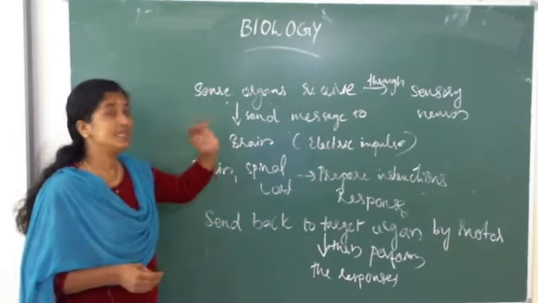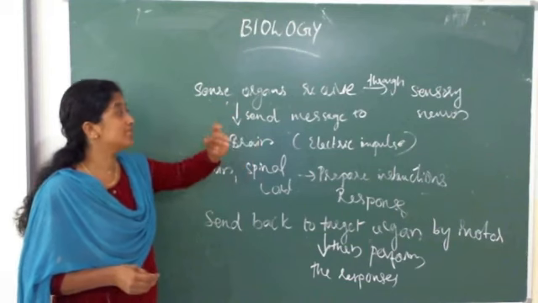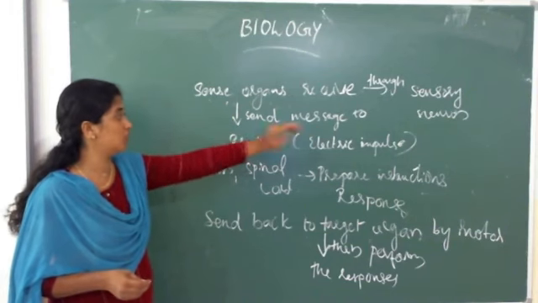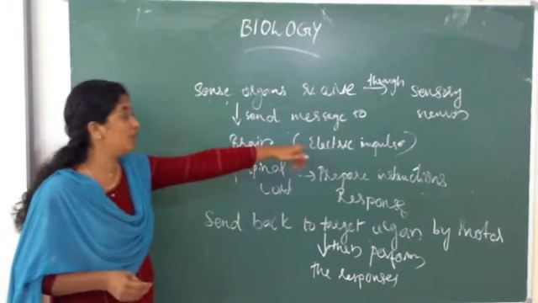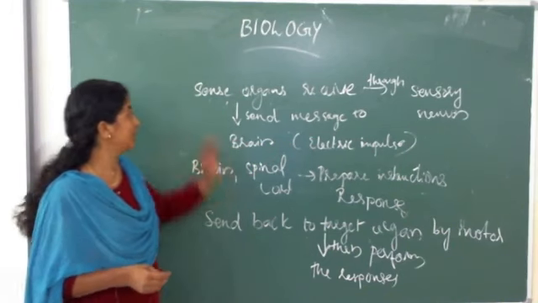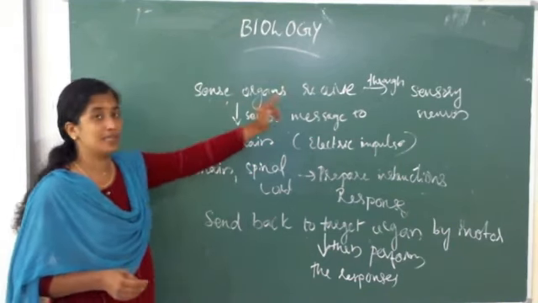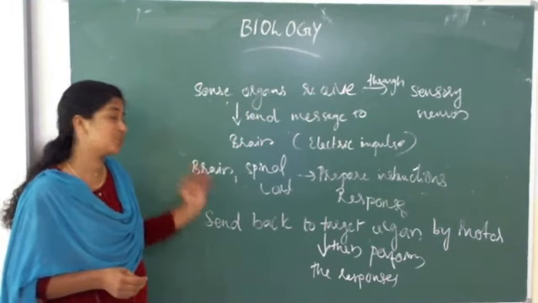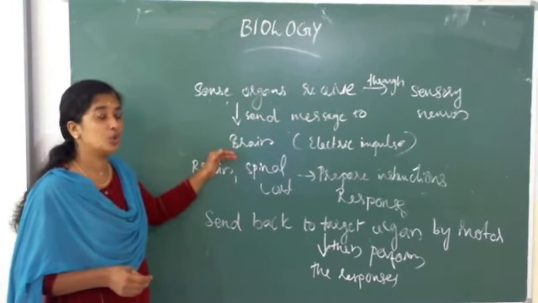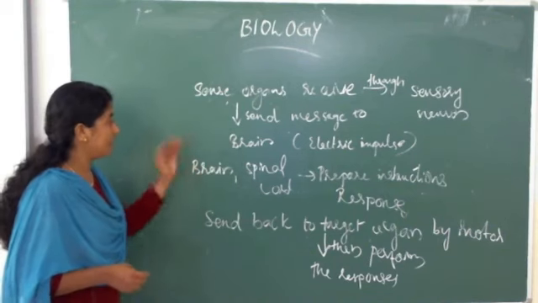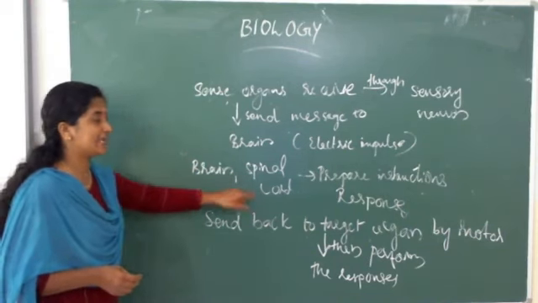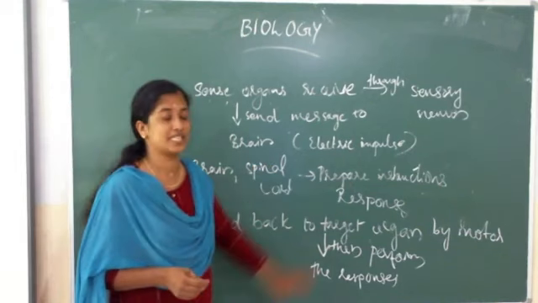First, sense organs receive stimulus through sensory neuron, then send messages to the brain in the form of electric impulse. Then the brain and spinal cord prepare instructions.